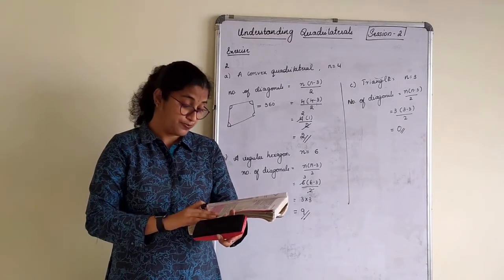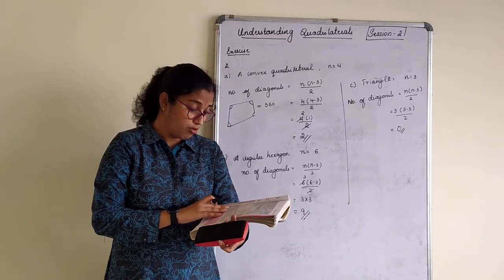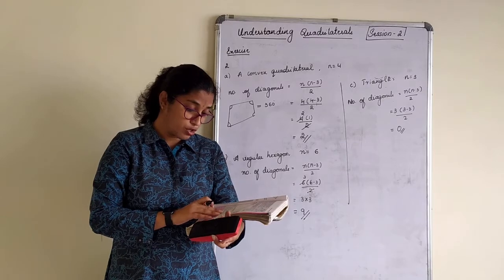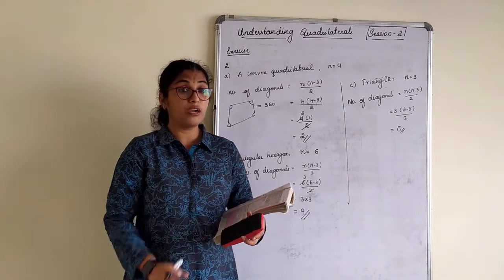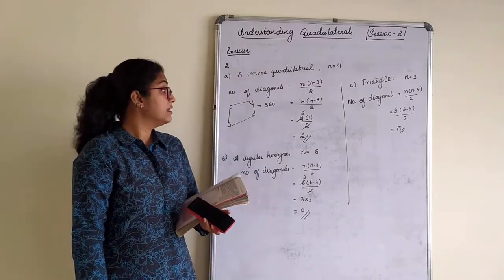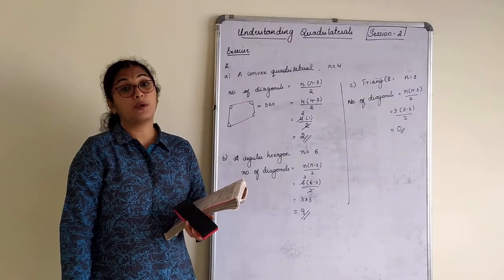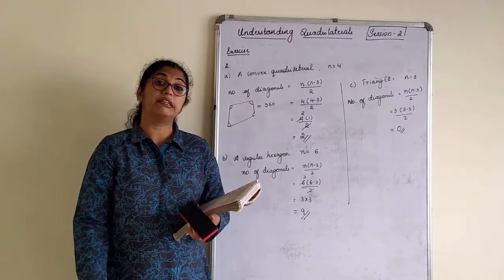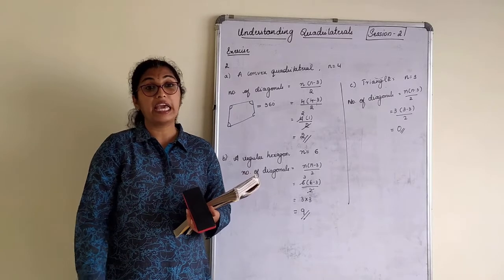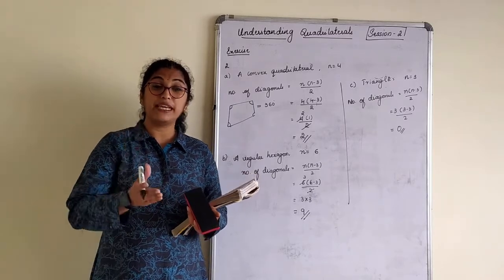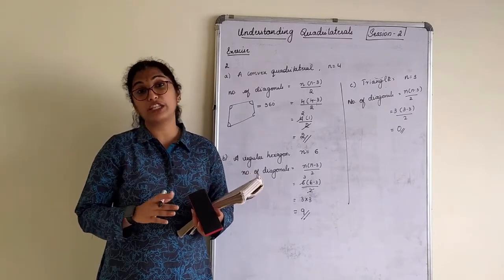Completed. Second question: will this property hold if the quadrilateral is not convex? Yes, this property will hold if the quadrilateral is not convex also. Why? The angle sum property remains the same whether it is convex or concave.